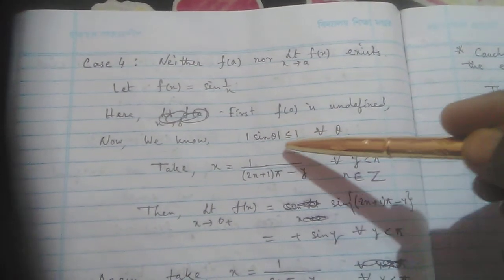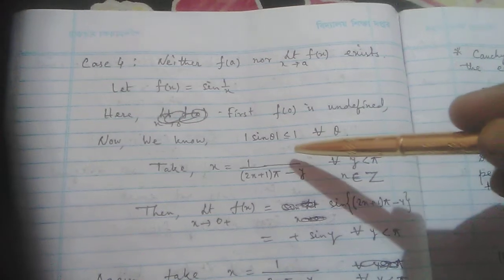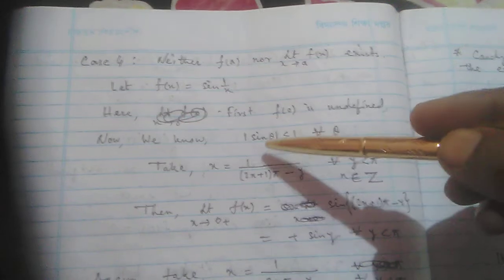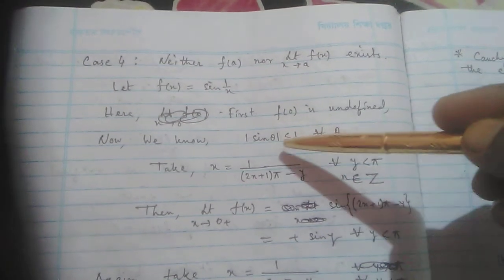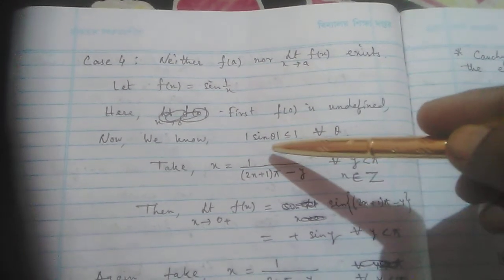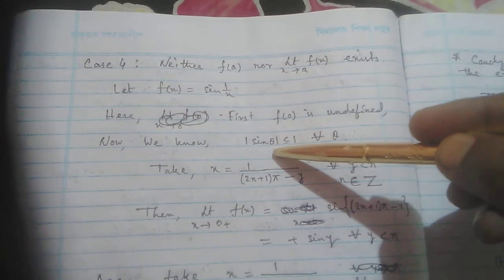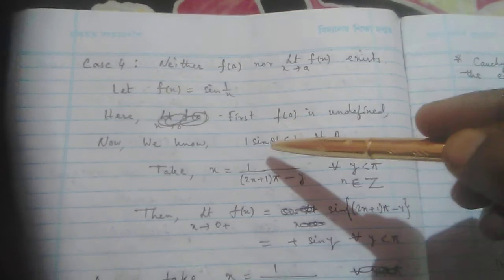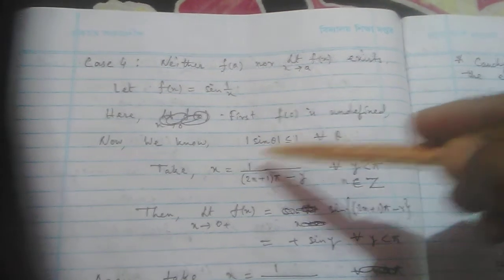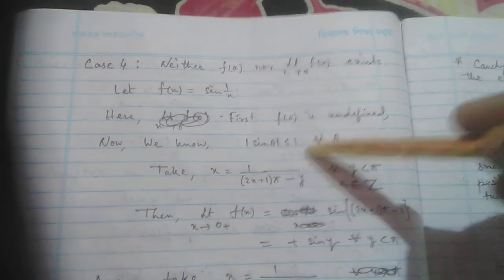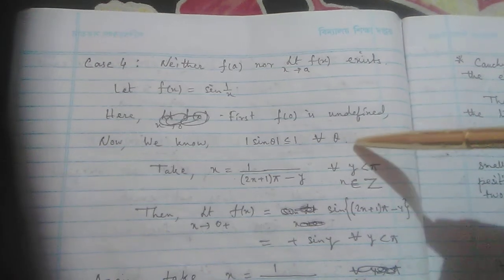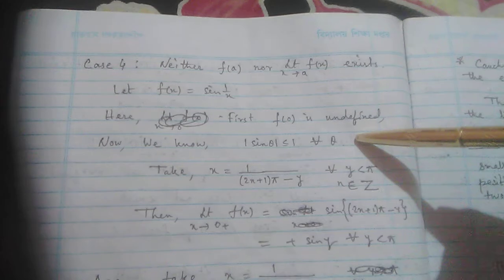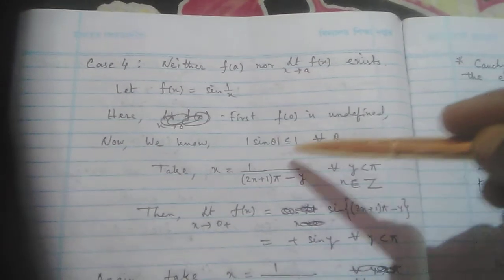Now if we check its limit at 0, we know that |sin theta| always belongs to -1 to 1, as we know from the property that for any angle theta, which can take up to infinity, the sine of the angle always lies between -1 and 1.